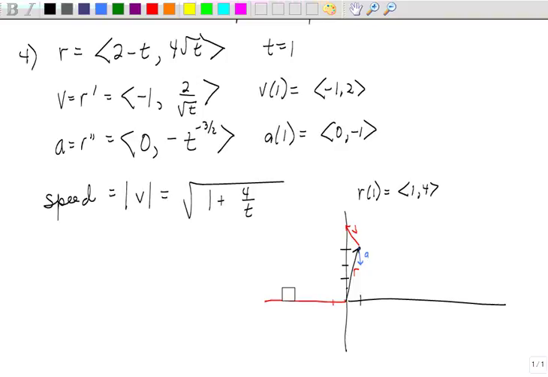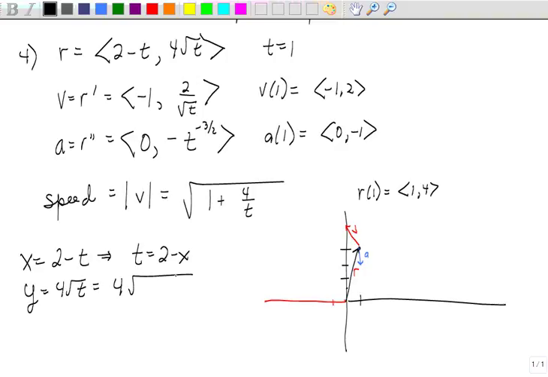Okay, so to sketch this, we have a square root, and let me just sketch this on the calculator. And it's going to go the opposite direction.